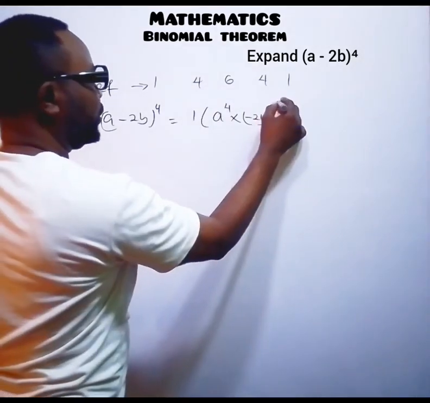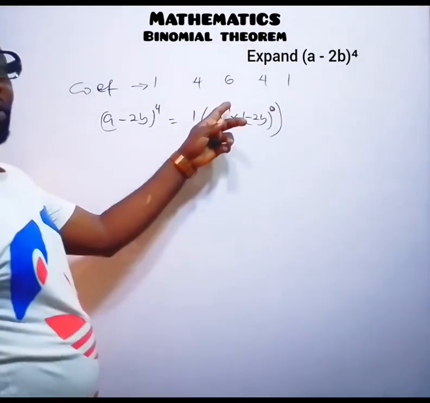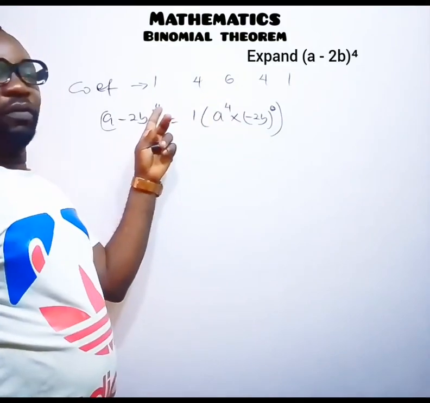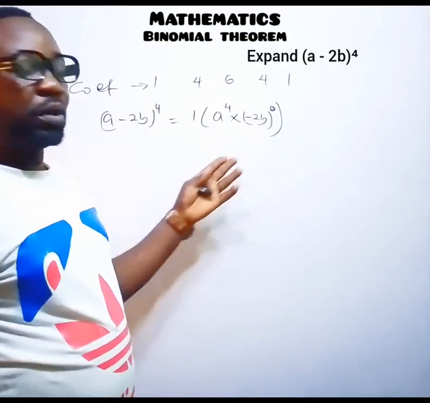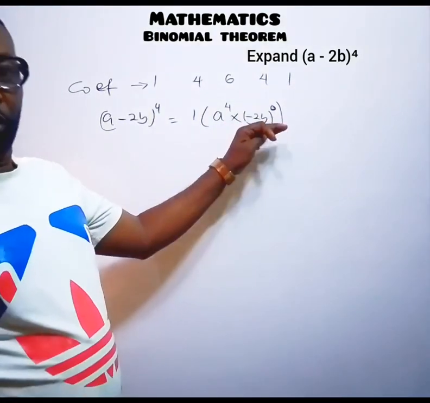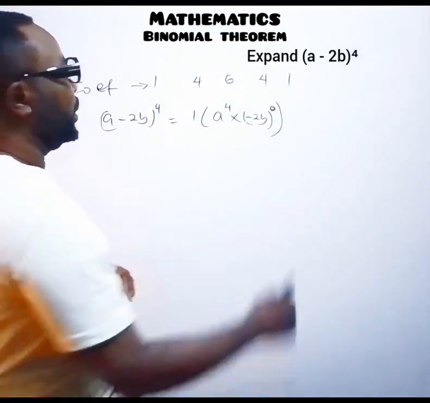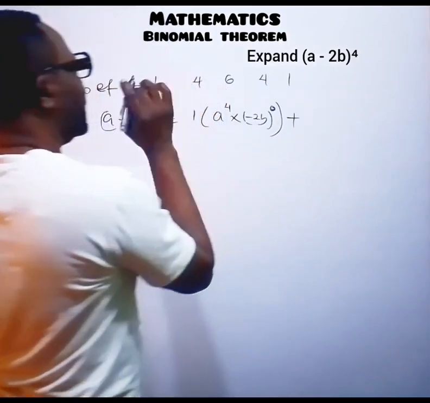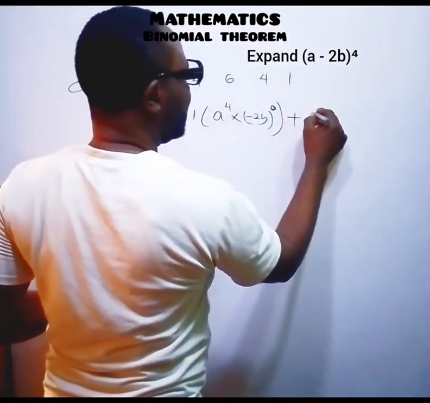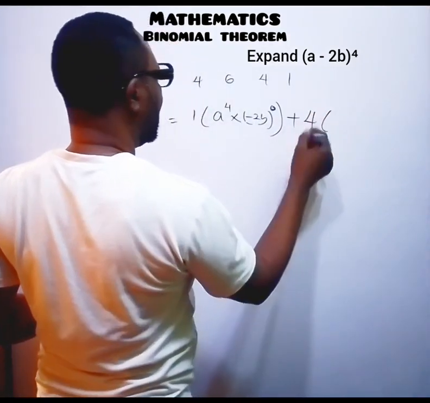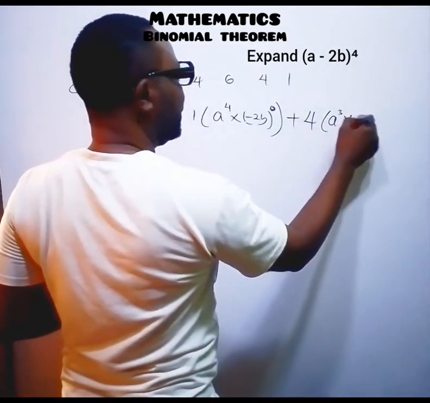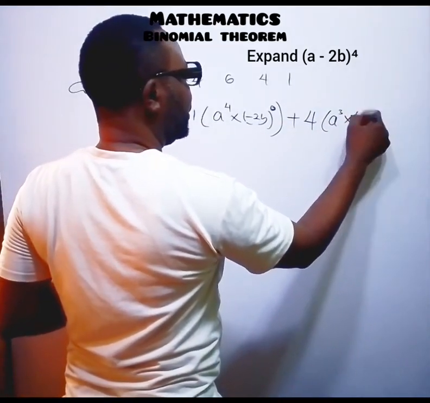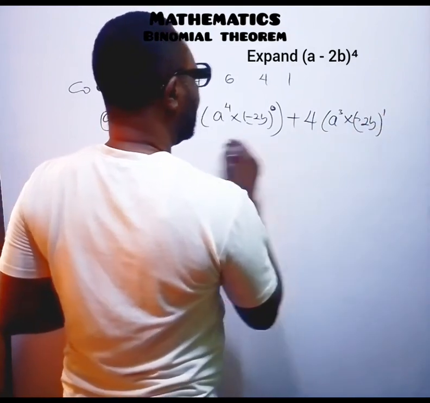So don't forget that the first term has the power we have here, and it will be going in descending order, while the second term will not have any power in the first expression here. Then plus, the next coefficient is 4 into bracket a raised to the power of what now? 3. 3 multiplied by minus 2b raised to the power of 1.